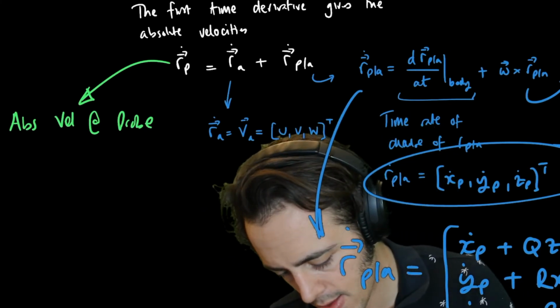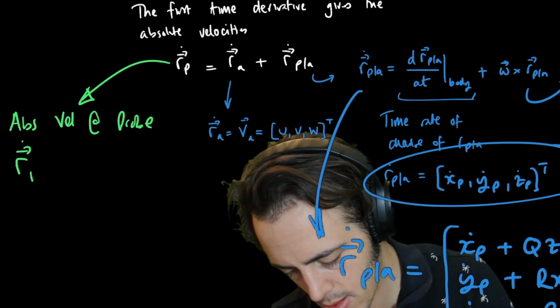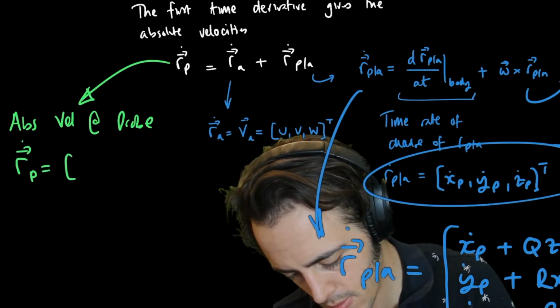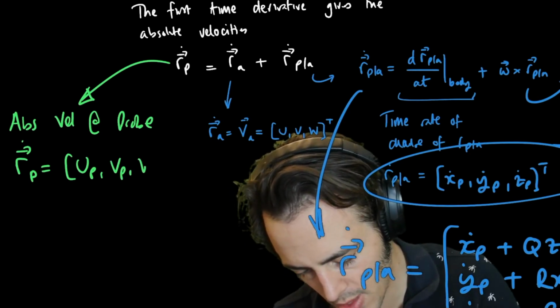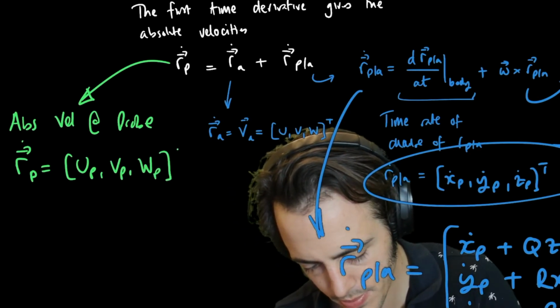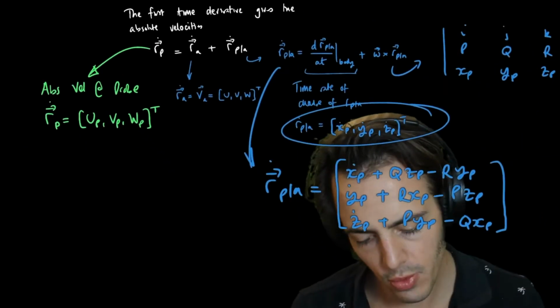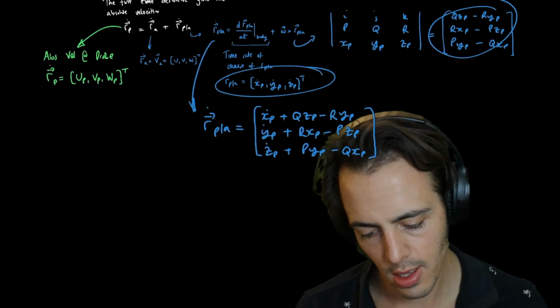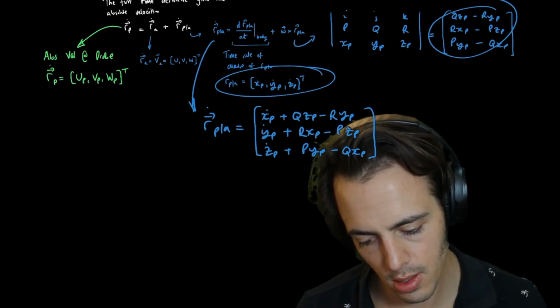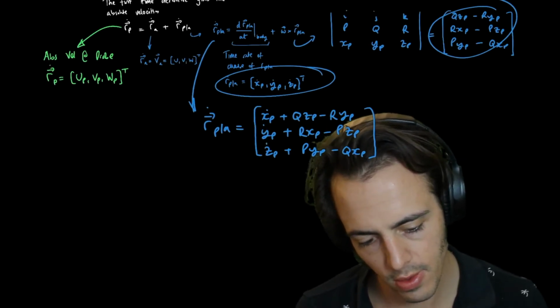So let's say this is UP, VP, and WP. So we can put this all together. Basically, this is equal to this plus this. So let's put this all together.